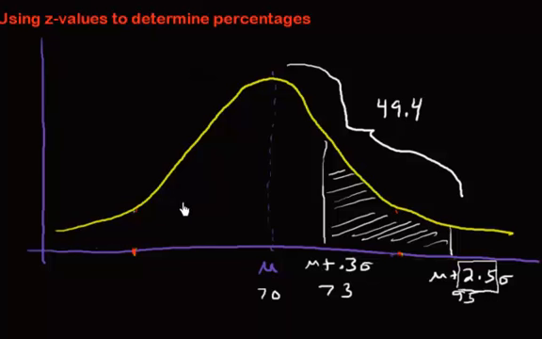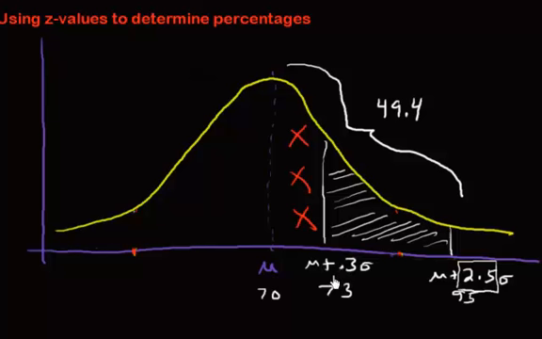Now what region is it including? It's also including this region here, because it's again between the mean and your particular value. I don't want this region, so my answer is not 49.4%. I need to figure out what this percentage is and then subtract it off.